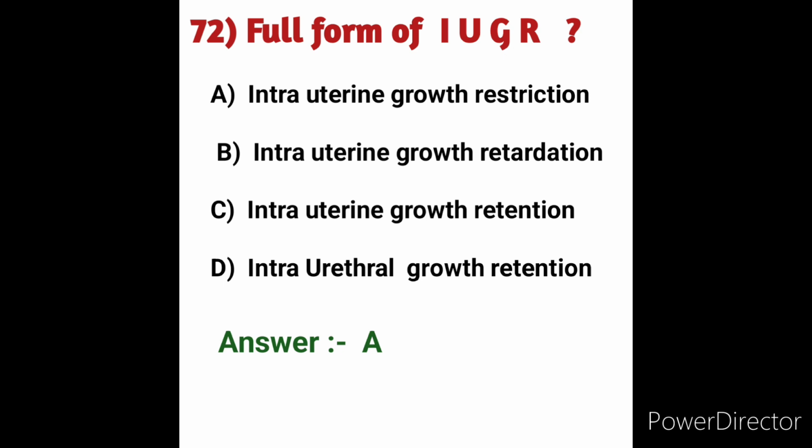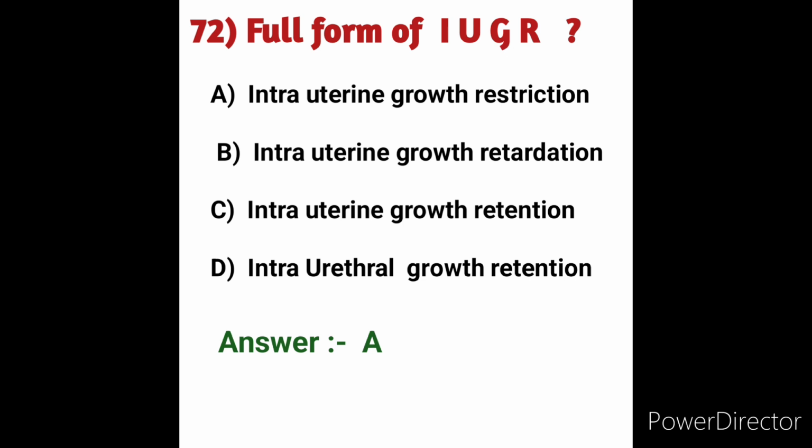Full form of IUGR. Option A, intrauterine growth restriction. Option B, intrauterine growth retardation. Option C, intrauterine growth retention. Option D, intraurethral growth retention. Actually, IUGR is related to fetal growth, also called fetal growth restriction.